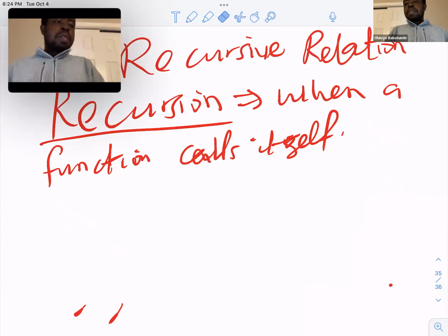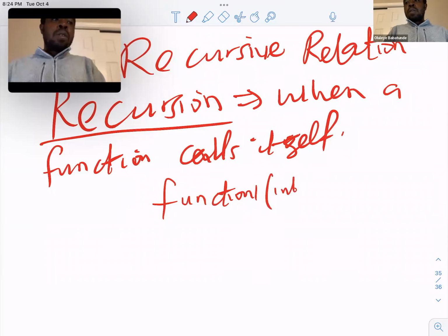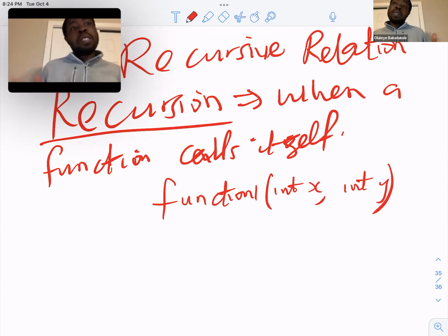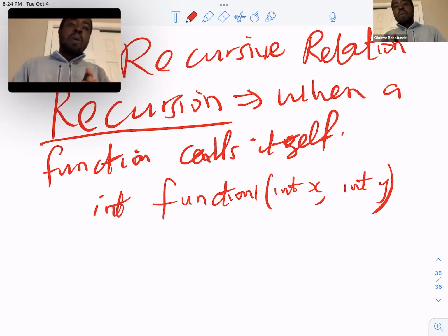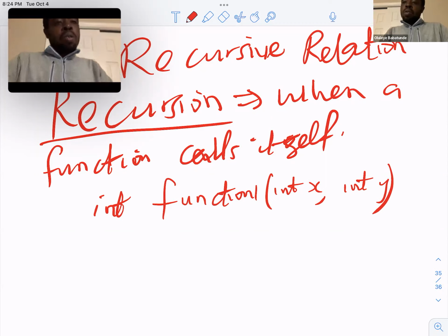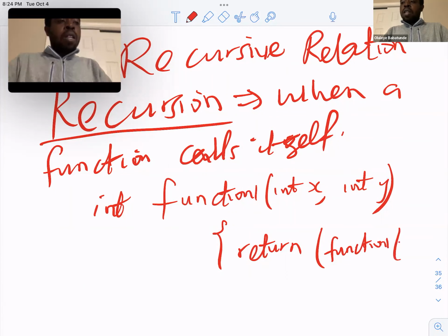For instance, if I define a function 1, in C++, for instance, an integer function which is actually returning a sum of two integer parameters, in the body of the function I could say return function 1 of x minus 1, y minus 1.